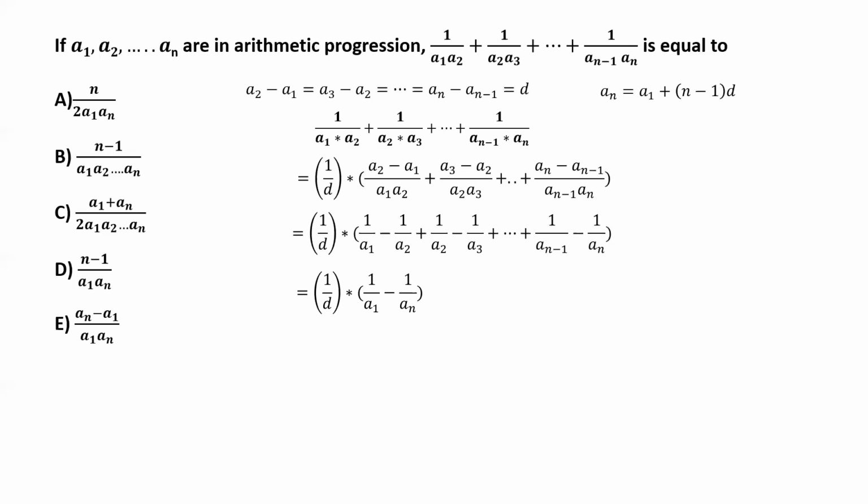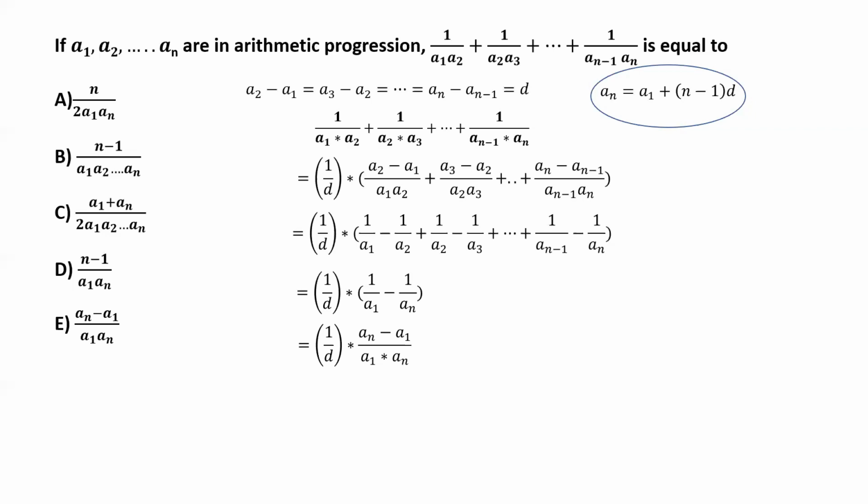Once we have this, we can further write it as 1 by d multiplied by an minus a1 divided by a1 multiplied by an in the denominator. Now we refer back to the equation in the circle, which states the relationship between the first term a1 and the nth term an.